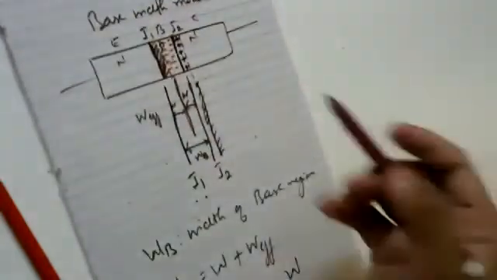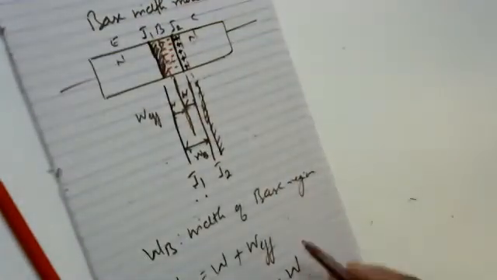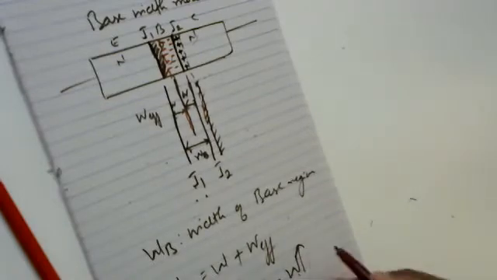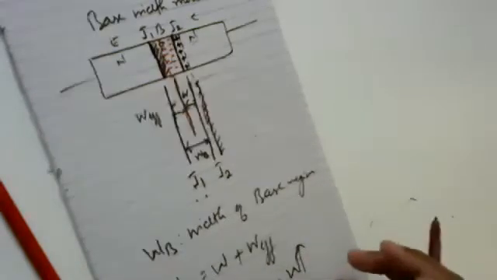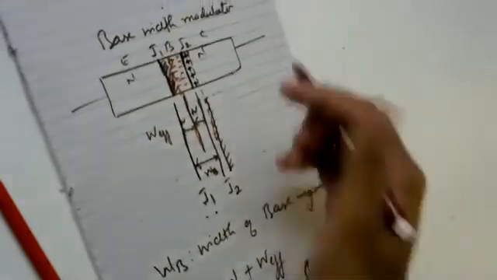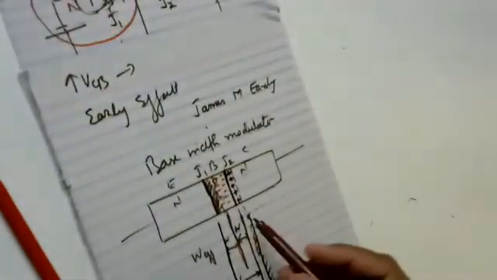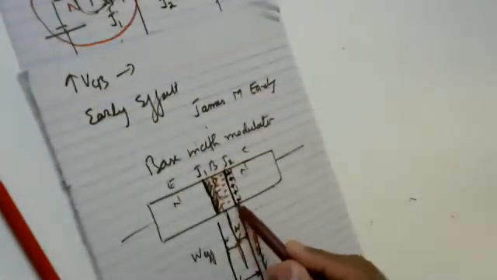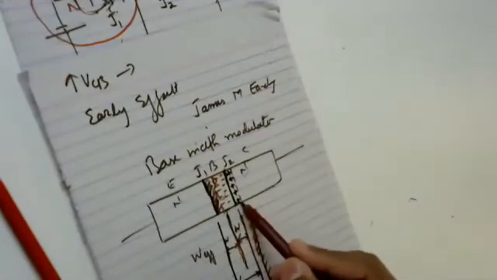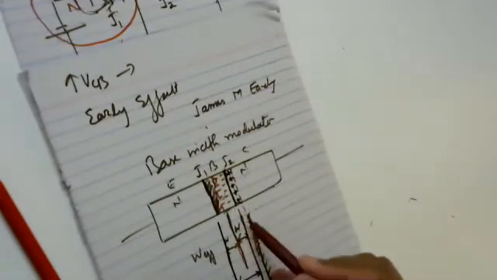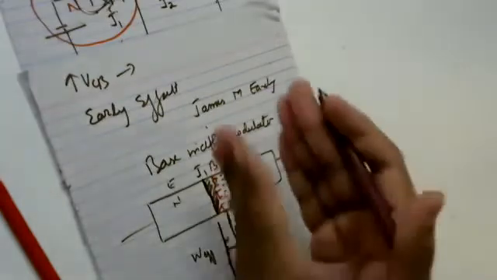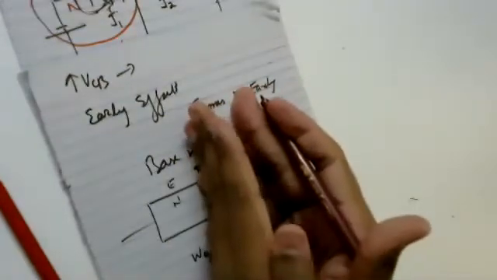Now VCB is increasing. So since VCB is increasing, your W is increasing. It means what? Your W is talking about this recombination. So this W is increasing. This junction is increasing.